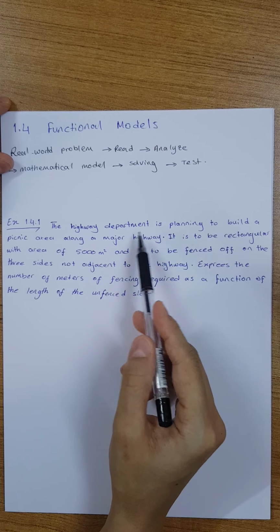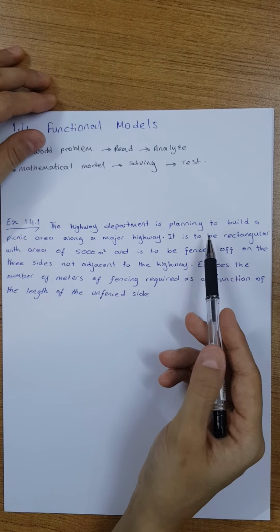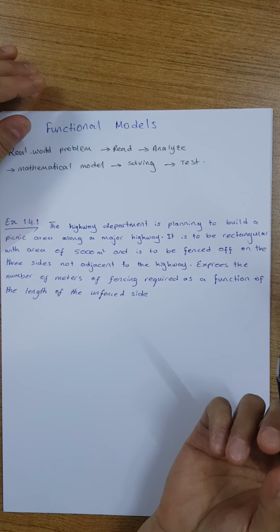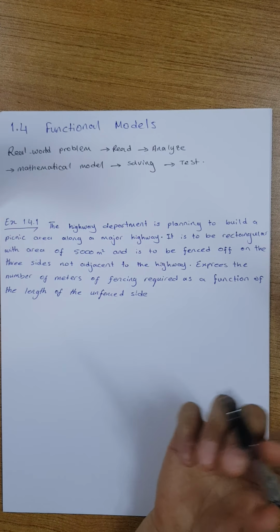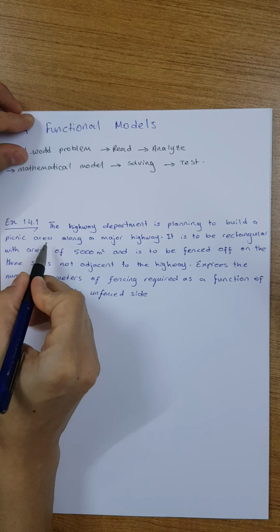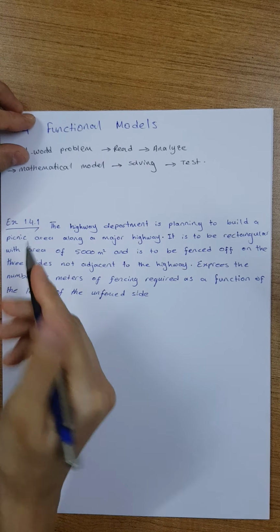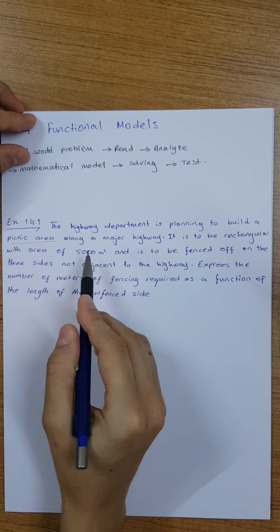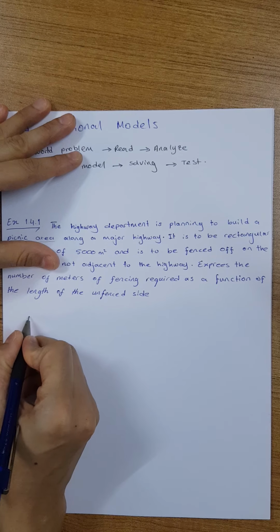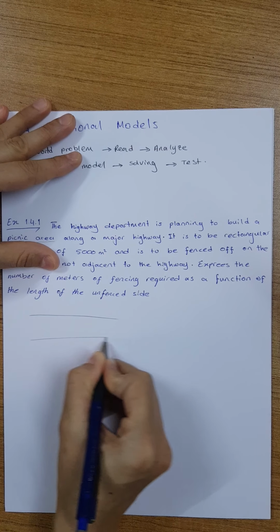The highway department, so we have got a department, they're planning to build a picnic area. So what is the problem here? What are they going to do? They are planning to build a picnic area, okay? Picnic area along a major highway. So we have got a highway, okay? For example, that is the highway.